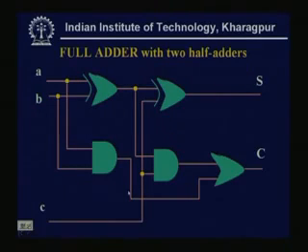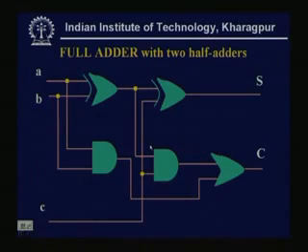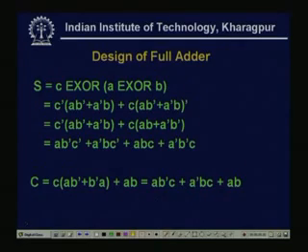So if from here we identify that thing, see this is A dash B C dash and A dash B C dash. See from these two, this is nothing but XOR circuits.